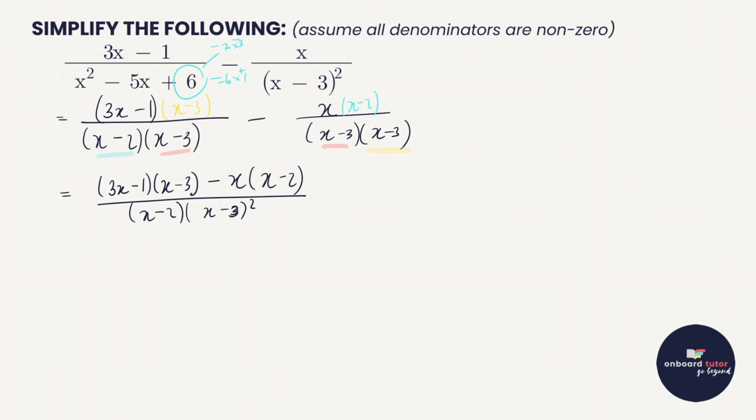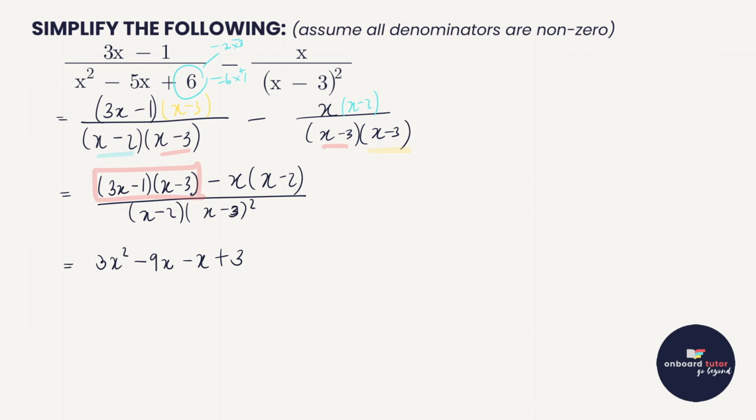All right. This is fine. This is something we can definitely do. We are going to use FOIL to sort out this double bracket here. So first, 3x times x, then outer, minus 9x, inner, minus 1x, finally last, plus 3.